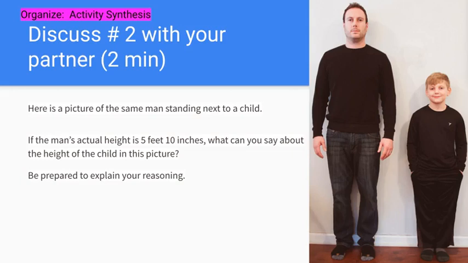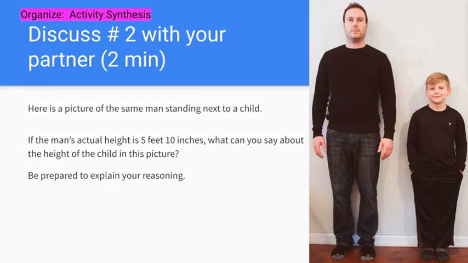If we were going to estimate the child's height, the child would probably be somewhere around 3 feet, probably not 4 feet, because if this is almost 6 feet here, maybe close to 4 feet. That does look like about 2 feet of space there. So somewhere around 4 feet, but clearly the height of the child is definitely less than the man's height.